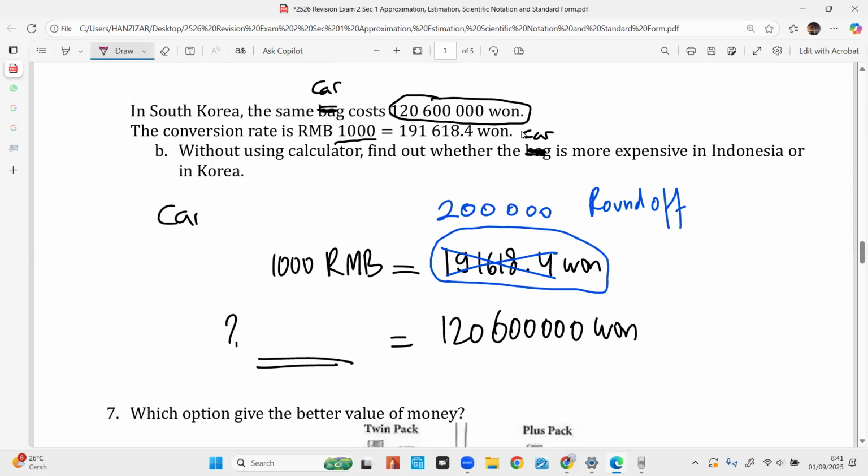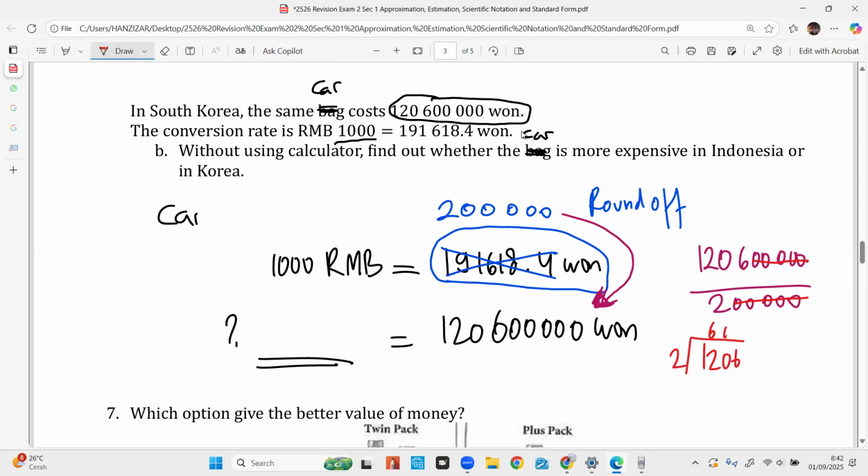Or go down, right? From 200,000 to 120,600,000, what do you do? You divide, right? Over 200,000. So that is the multiplier. Cross out the 5 zeros, cross out the 5 zeros, we get 1206 divided by 2, 603, right? 603.